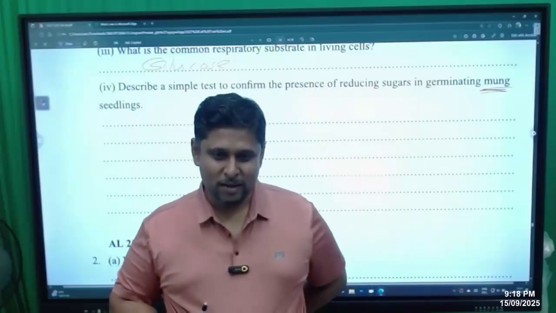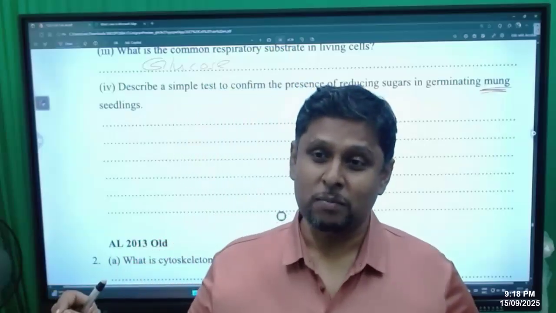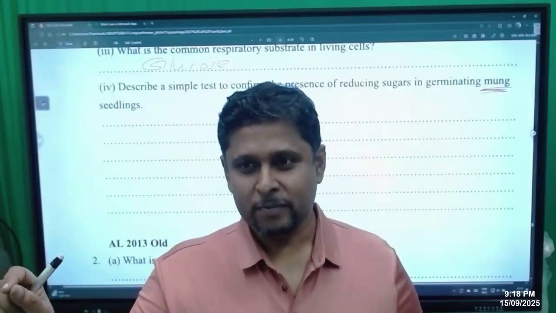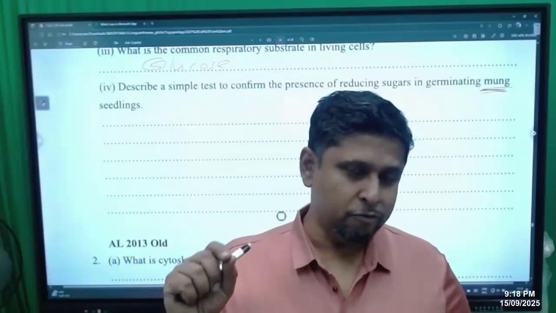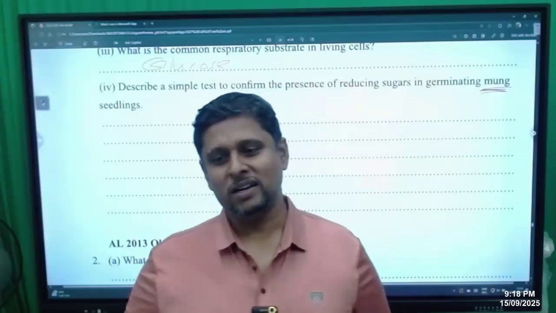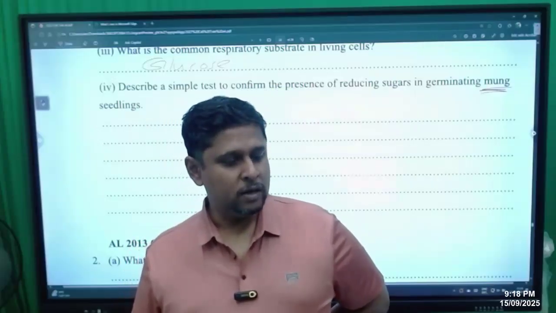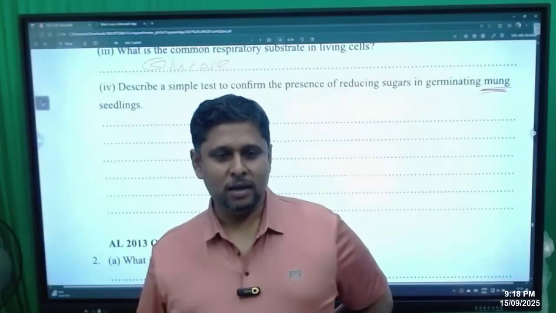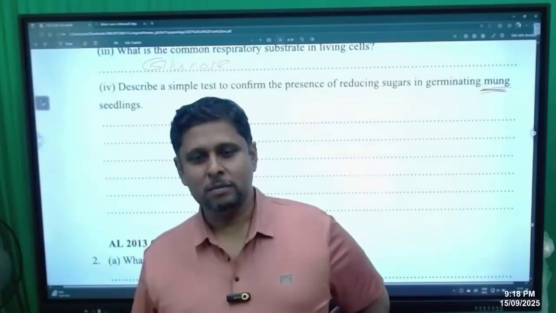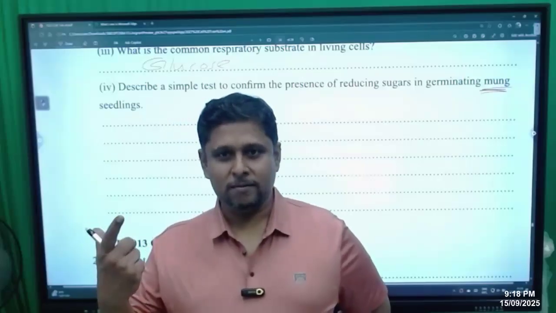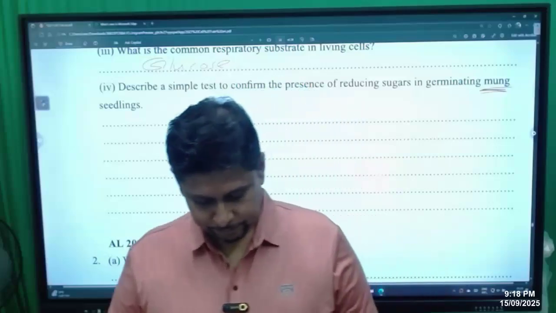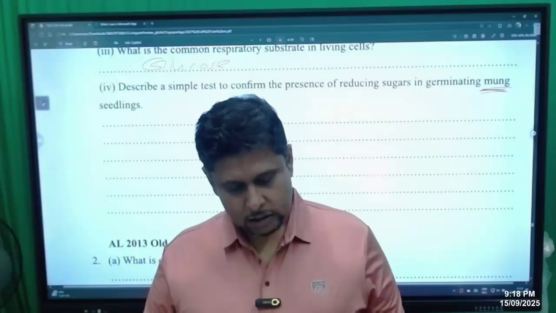If a brick red precipitate forms, that indicates the presence of reducing sugars. That's it. You can show that easily.